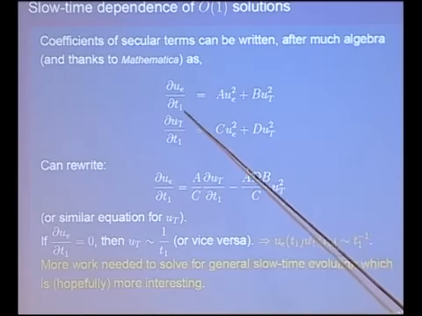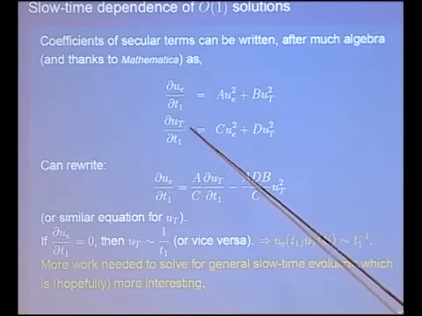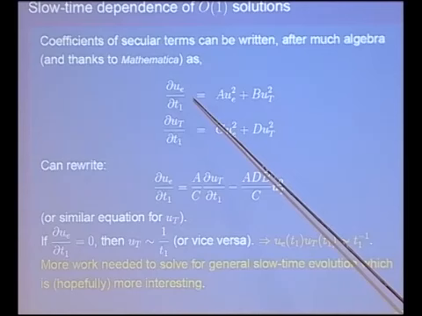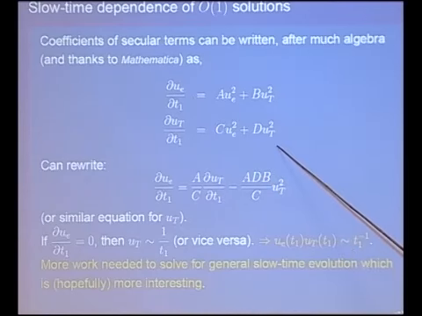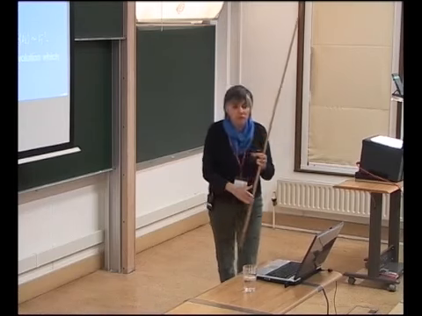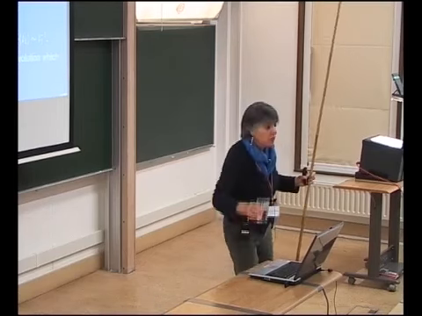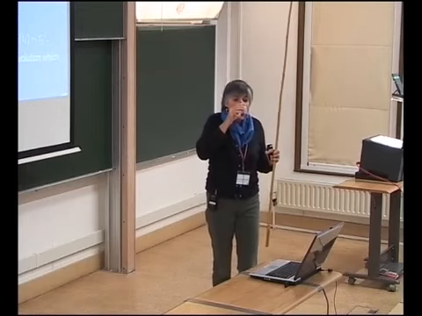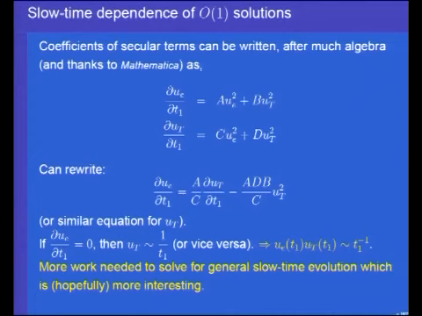So when we do this, and a big thanks to this wonderful program called Mathematica, we end up with two coupled equations for the slow time evolution of the eddy and tidal amplitudes, which roughly look like this. Generally speaking, it's not trivial to solve.